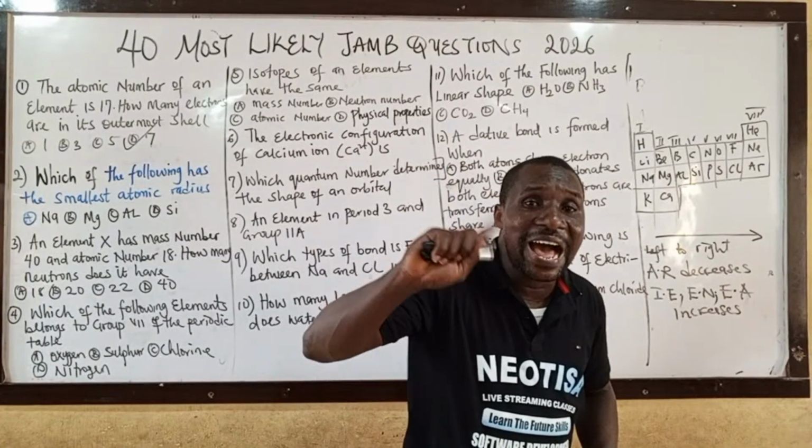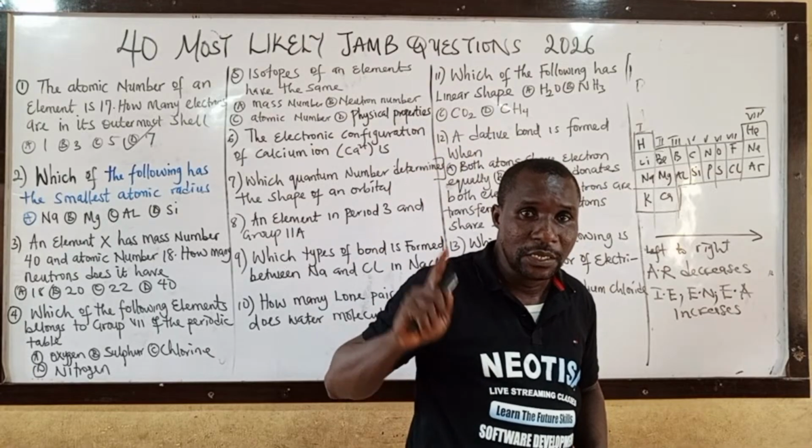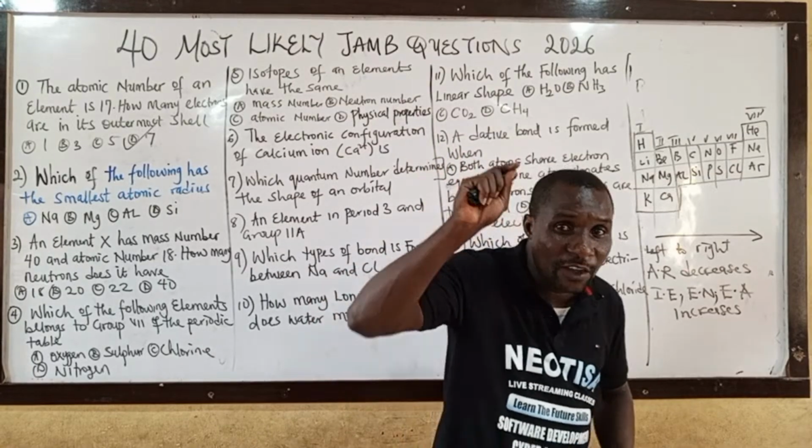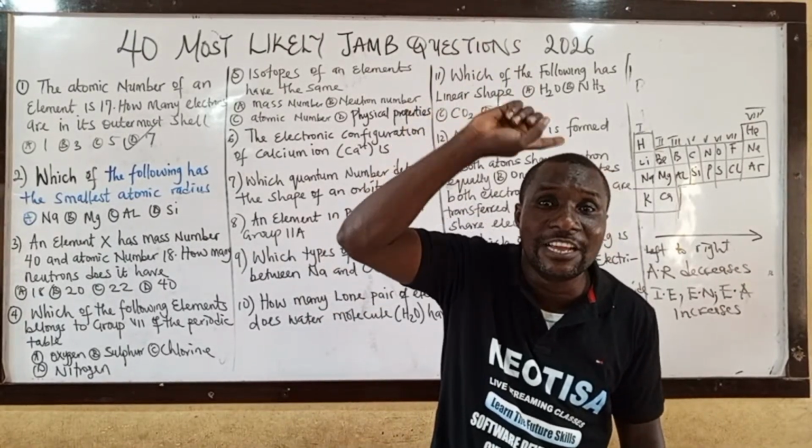Then under electron affinity, the element that has the highest electron affinity is what? Chlorine. Take note. Write it down somewhere.